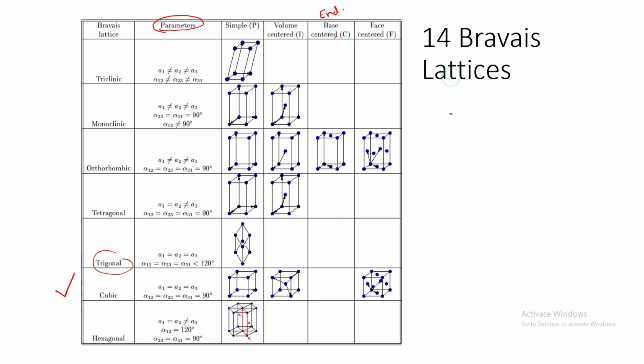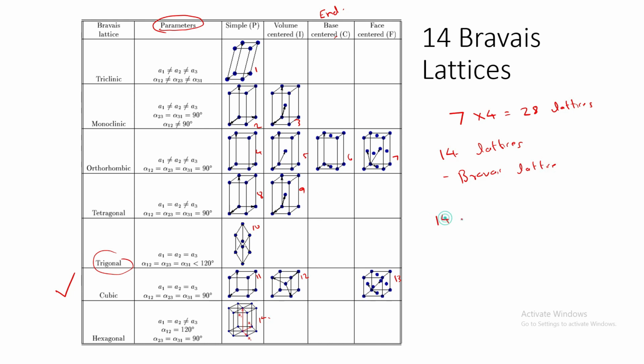So for 7 crystal systems, you would expect 4 different lattices each. So 7 into 4, that is 28 lattices. You can expect that. But in reality, if you count this, 1, 2, 3, 4, 5, 6, 7, 8, 9, 10, 11, 12, 13, 14, there are actually only 14 lattices, and these are called Bravais lattices. What are the missing lattices?